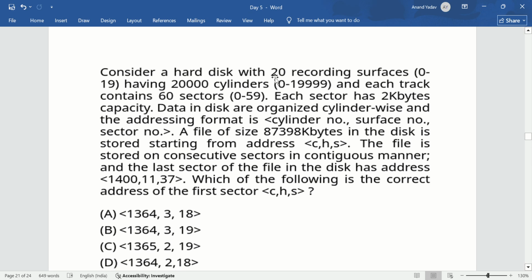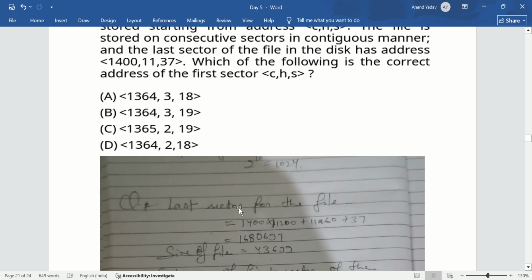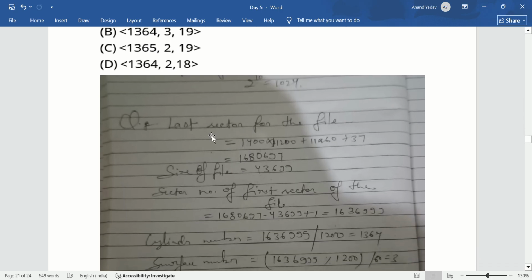Now next one is: consider a hard disk. Basically a hard disk is given, the file size is given, and the last address after putting the file on the disk is given. It will ask for the first address of the file. So the first sector address of the file is calculated this way.